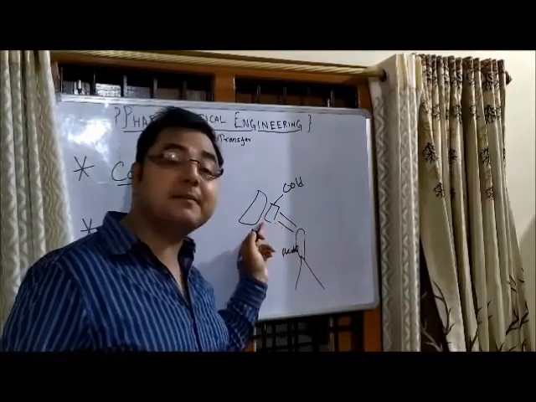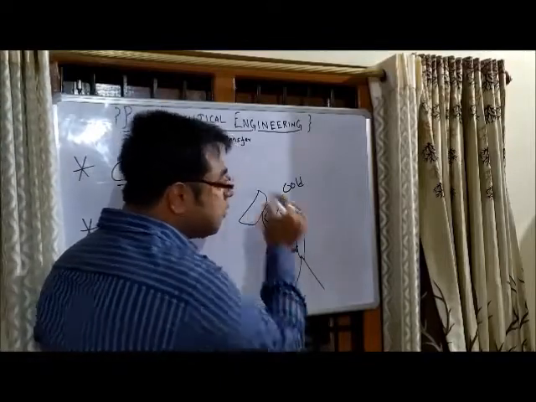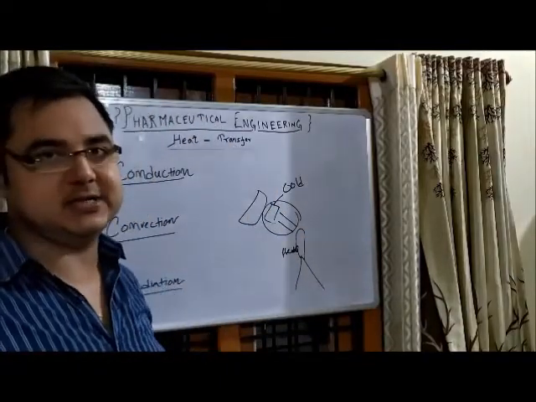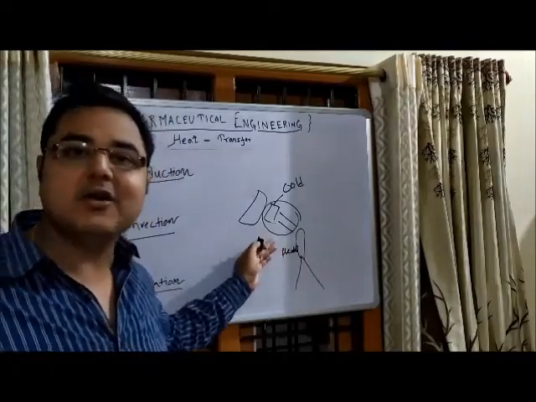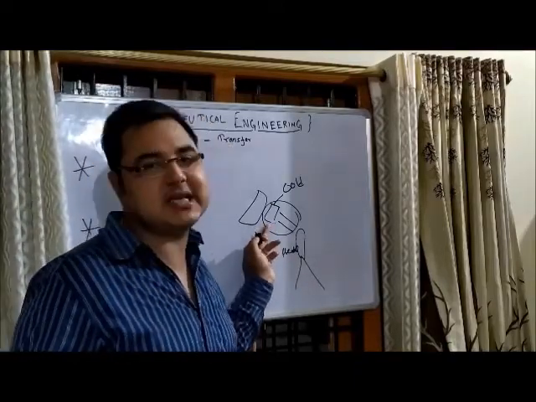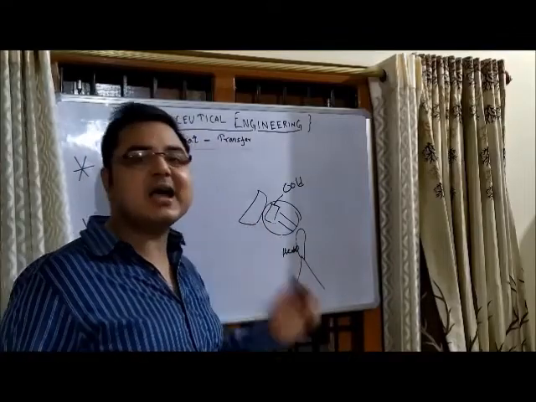So convection means mixing of two different phases of the same substance. Here the substance is air. One is the colder phase, the other is the heating phase. This is convection.